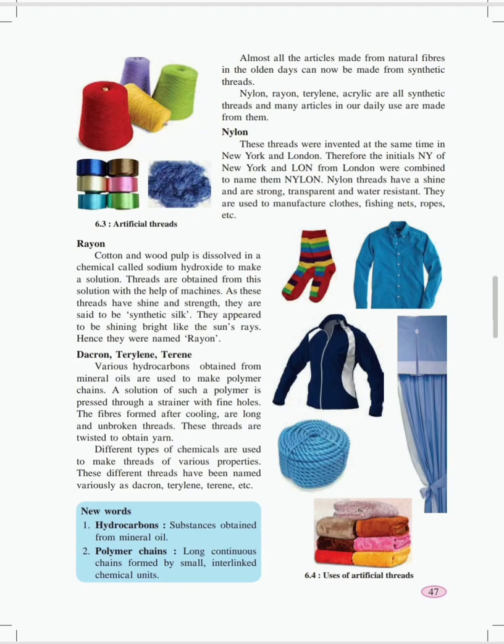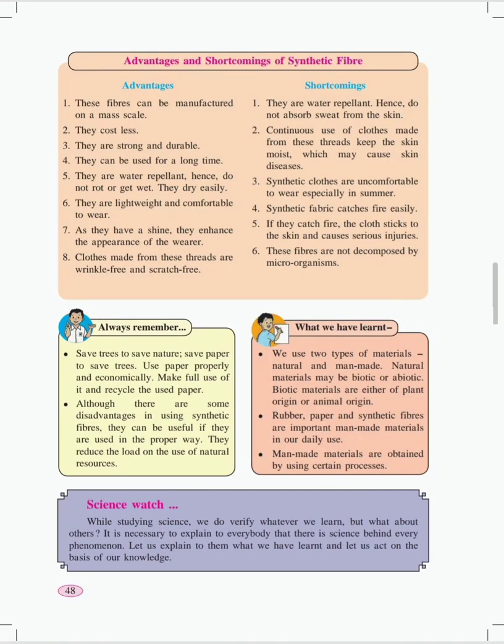Advantages and shortcomings of synthetic fibers. Shortcomings means disadvantages. So there are advantages as well as disadvantages of synthetic fibers. Advantages are these fibers can be manufactured on a mass scale. So they can be produced on a large scale. They cost less, they are strong and durable.